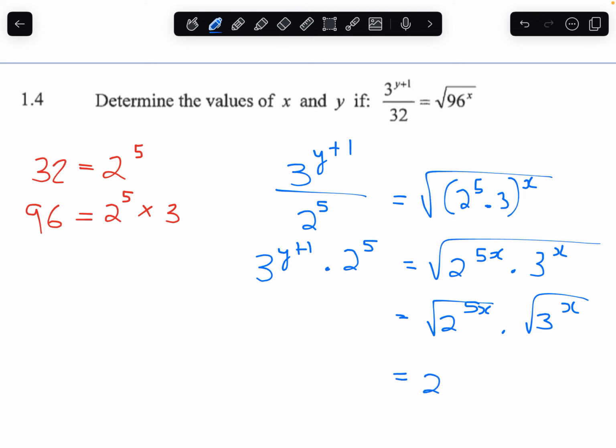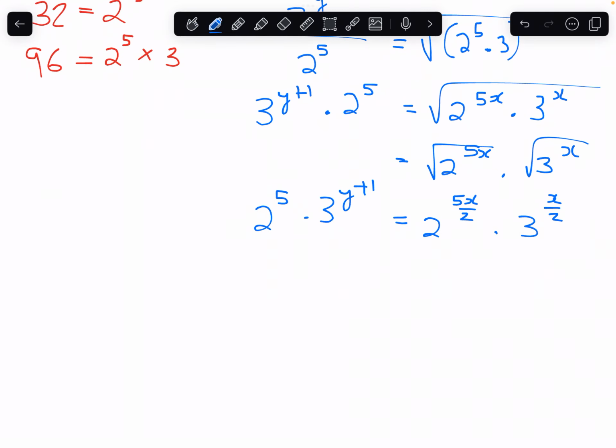And then again, use that law that we used previously to rewrite this as 2 to the power of something times 3 to the power of something, so that it looks like this side, right? So now we know that this is 2 to the 5 times 3 to the y plus 1. And so, that means that these two should be equal.